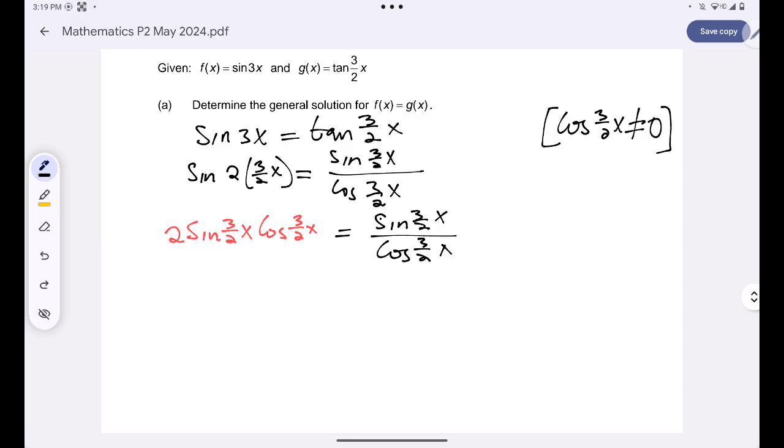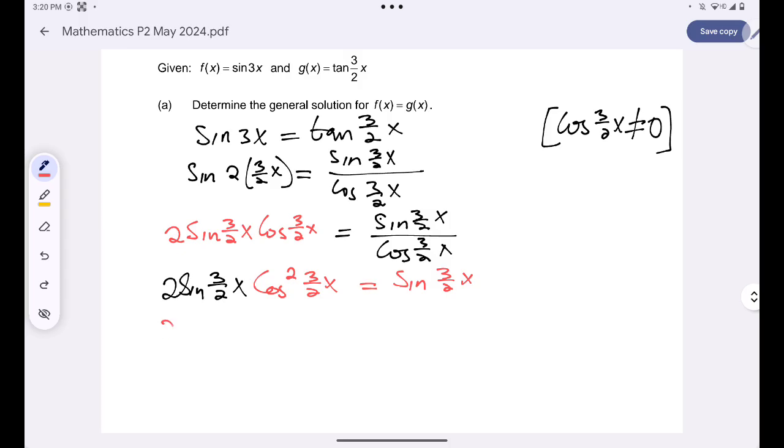Okay, so let's continue. Must multiply everything by the LCD, right? So I'll have 2 sine 3 over 2x multiplied by cos squared 3 over 2x is equal to sine 3 over 2x, right? Now I don't have fractions, but what I can do is to bring everything to standard form.